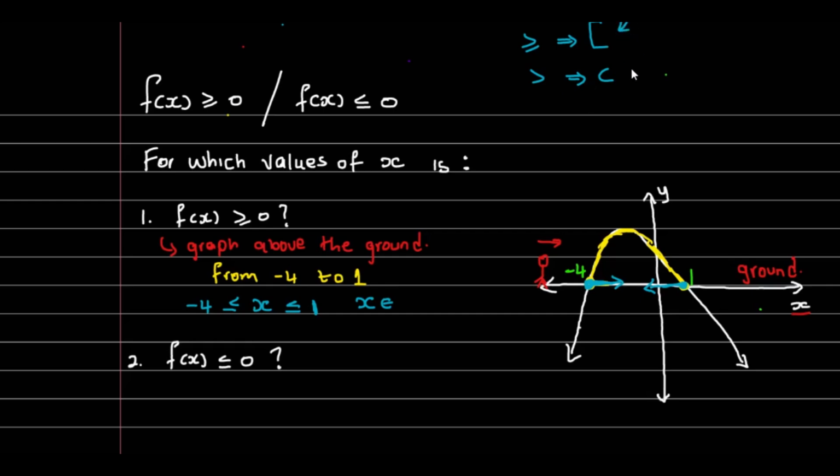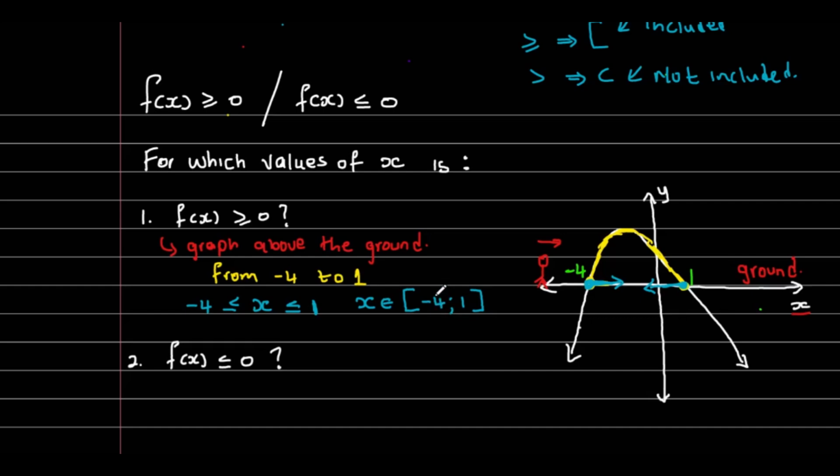This one is for included, and this one is for not included. You start with the smaller number, -4. So x must be equal to -4, so the -4 is included. Then x must be less than what? Less than 1. So this tells you that 1 is also included. And that's it for this one.